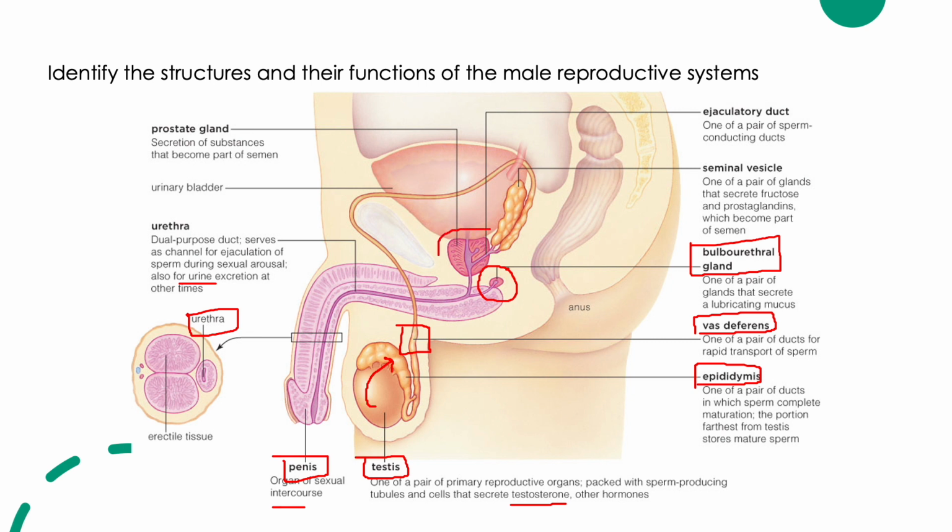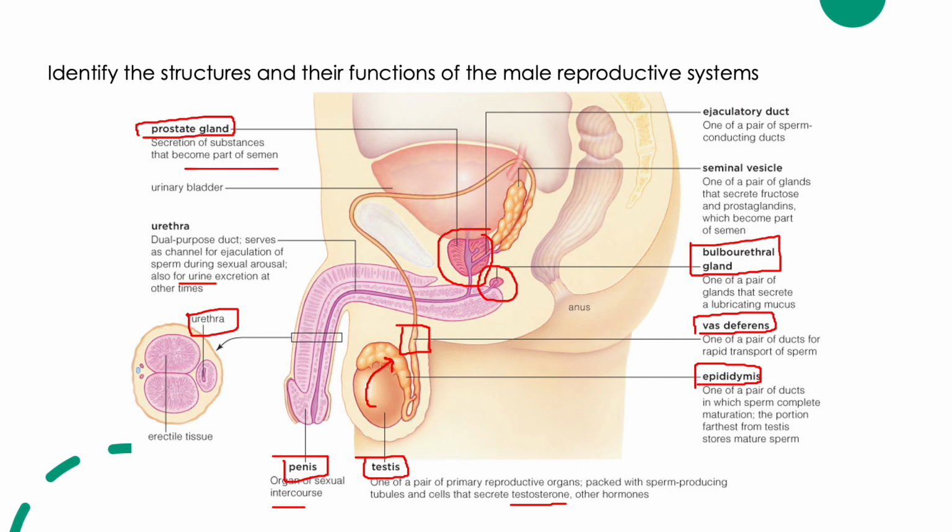The other gland, just near the bulbourethral gland, is called the prostate gland, and this is also very important to release substances as a component of the semen.